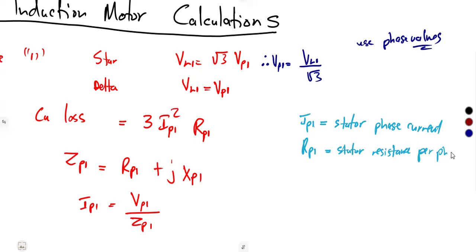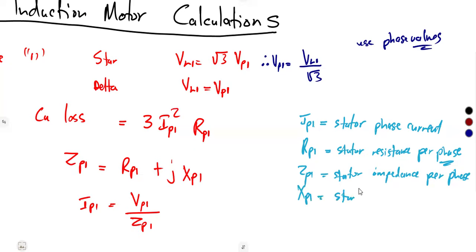Remember, we take per phase. These are phase values. Same with our impedance. Stator again. Stator impedance per phase, or phase impedance, the way that you want, guys, the way that you understand it. Same with XP1, the reactance.